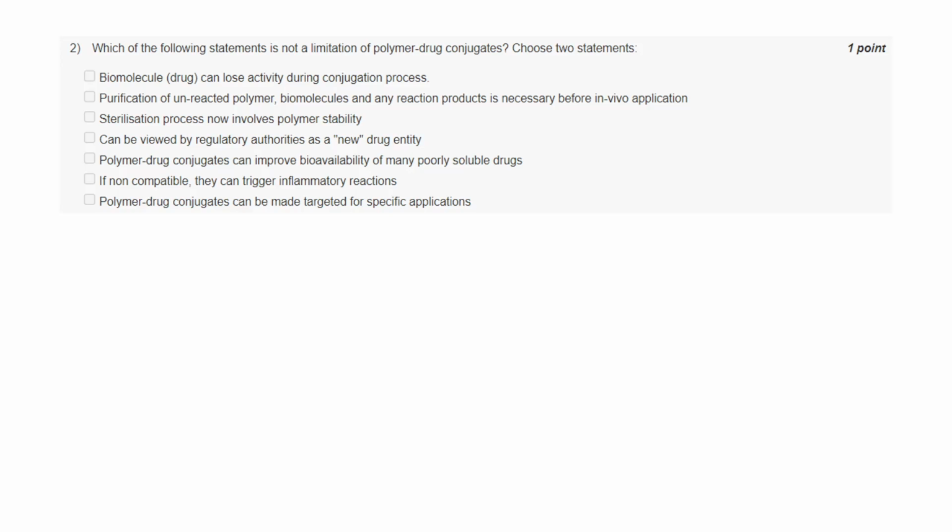If anybody knows the answer to this, you can just say. Ma'am, option 5 and 7, ma'am. So 5 is polymer drug conjugates can improve bioavailability and 7 is polymer drug conjugates can be targeted for specific applications. Okay, we have one answer. Anybody else wants to give a try? I'll wait for others to read through the options.